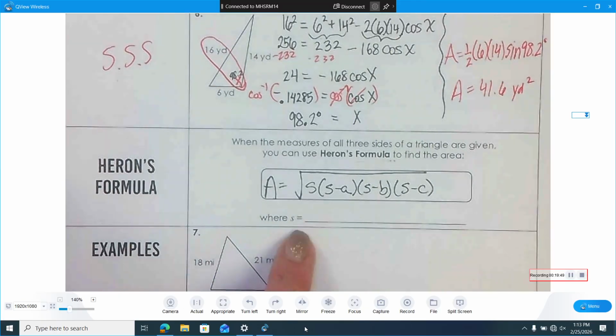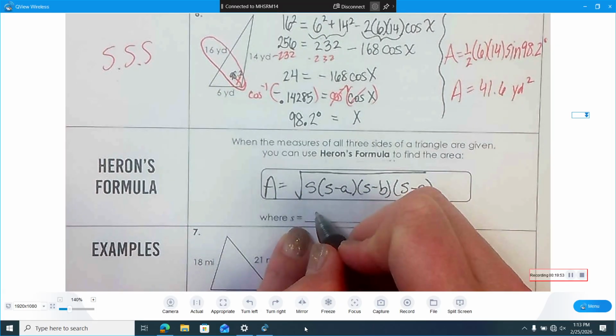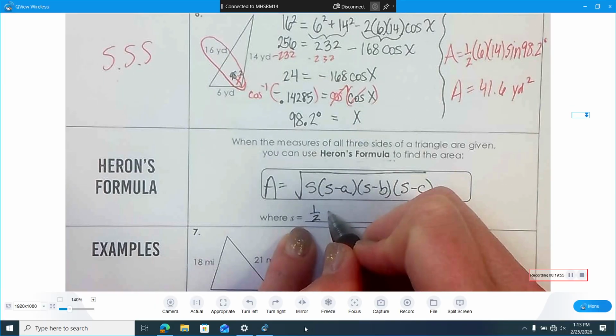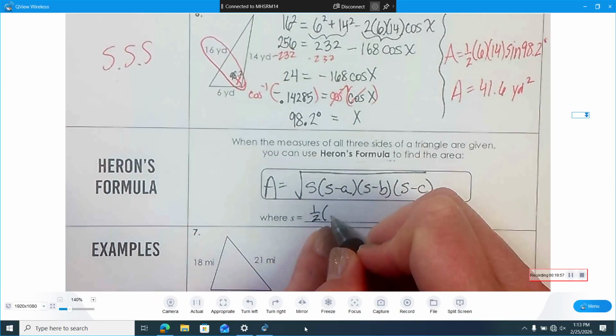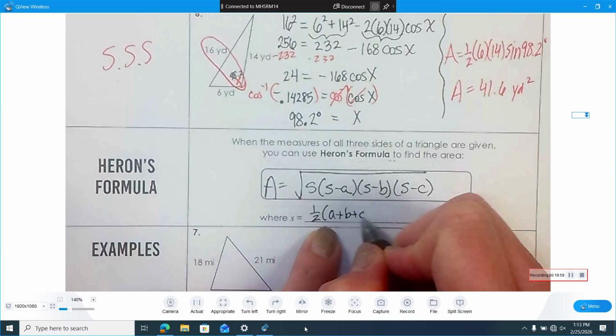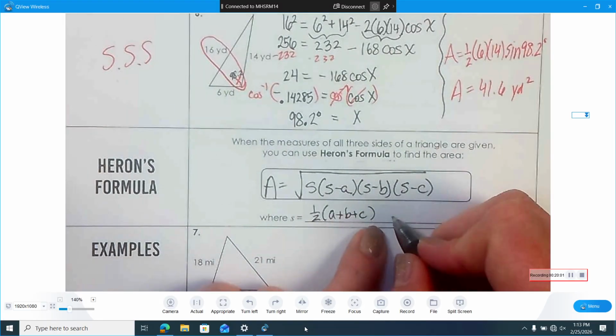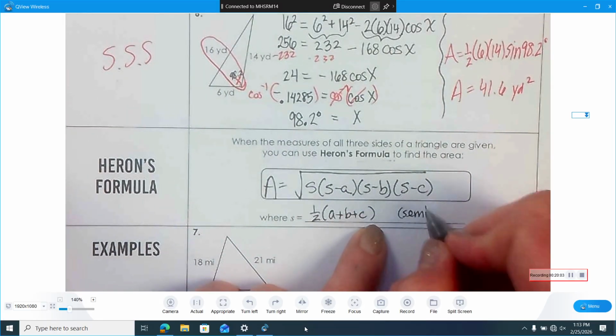Where s is 1/2 times the quantity A plus B plus C. This is called a semi-perimeter.